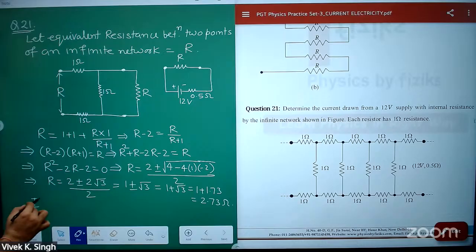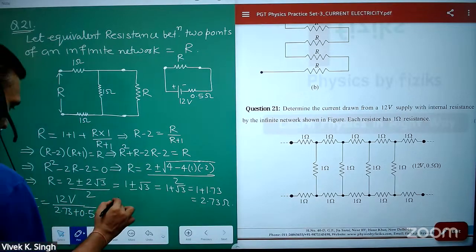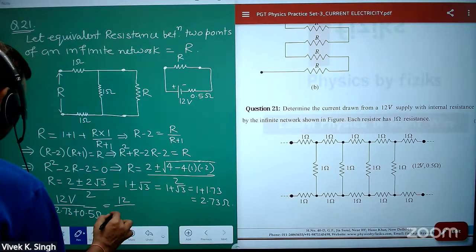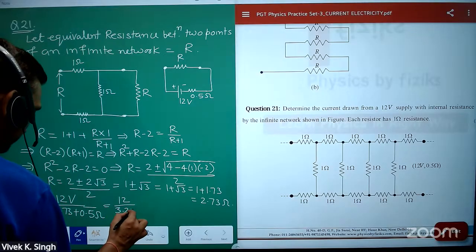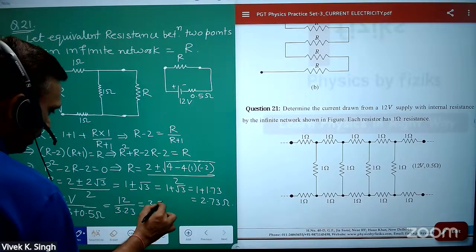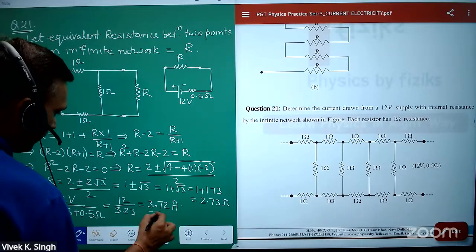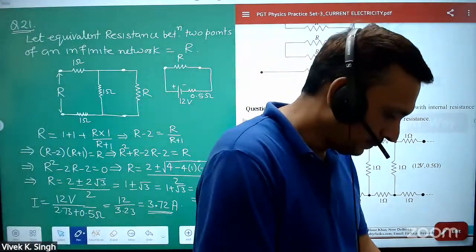Current I will be simply 12 volt by 2.73 plus 0.5 ohm. So this will give you 12 by 3.23, and this value is approximately 3.72 ampere. So this value is 3.72 amperes.